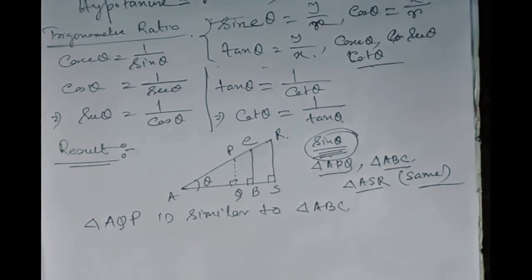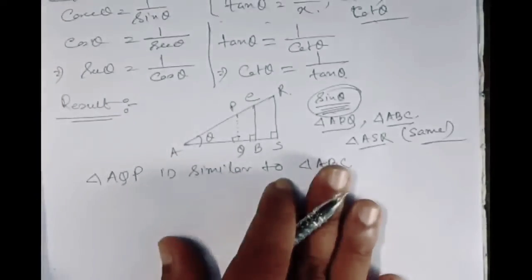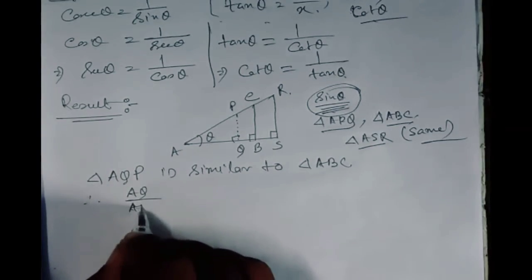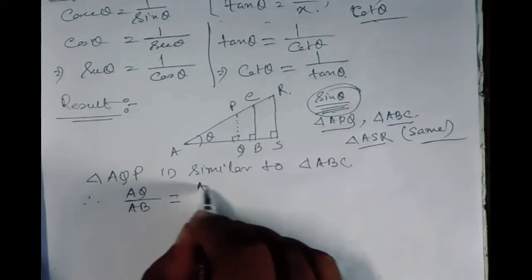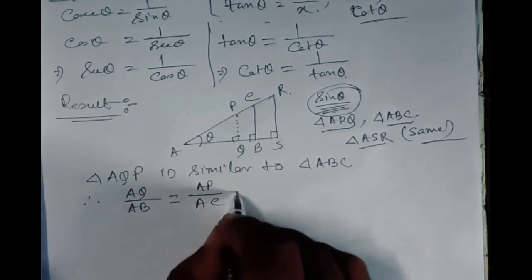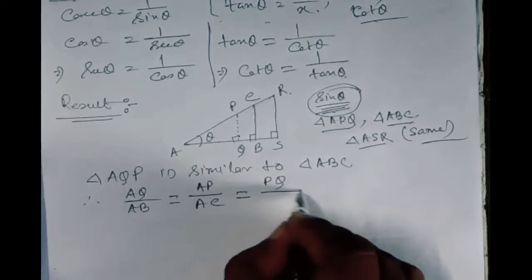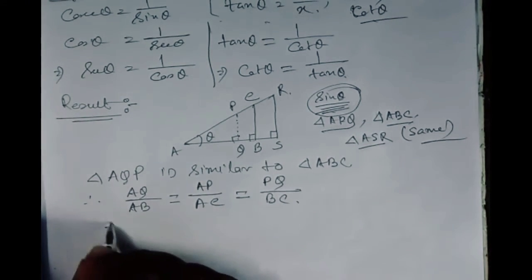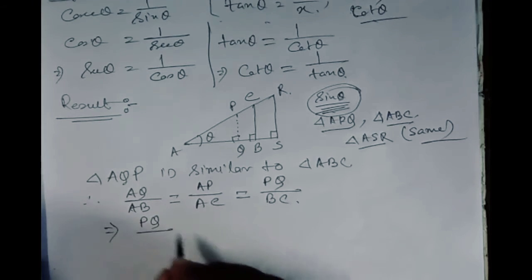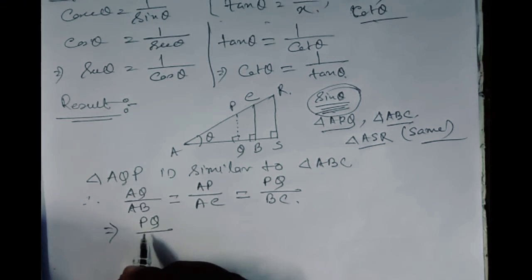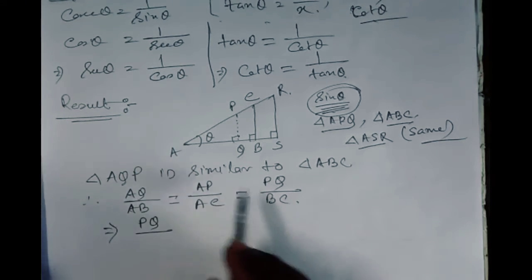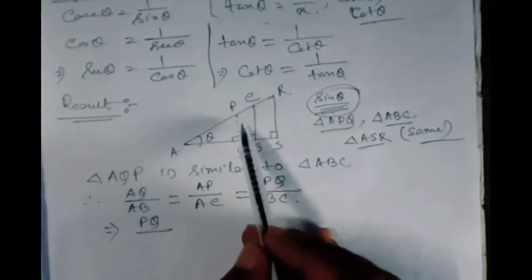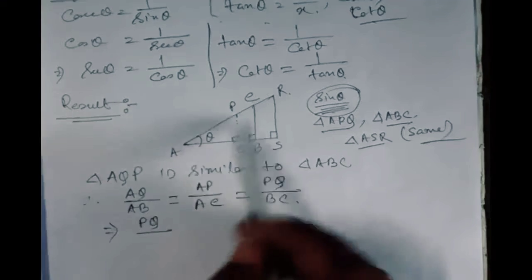These two triangles are similar. So therefore AQ by AB equals AP by AC equals PQ by BC.